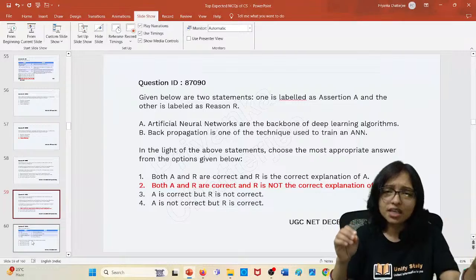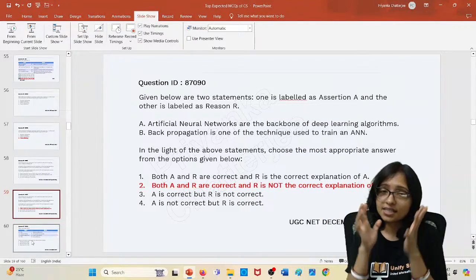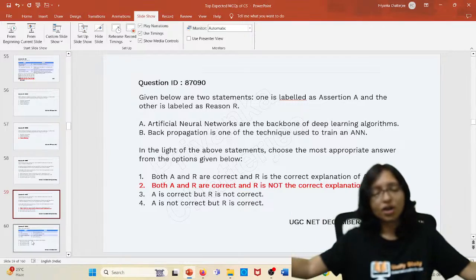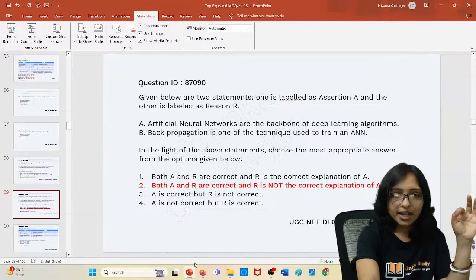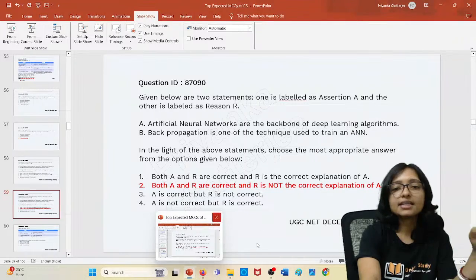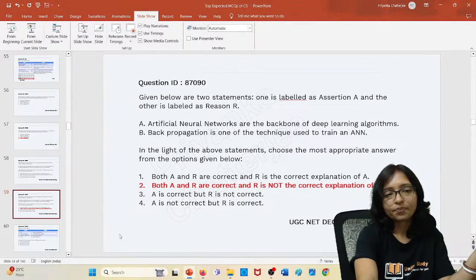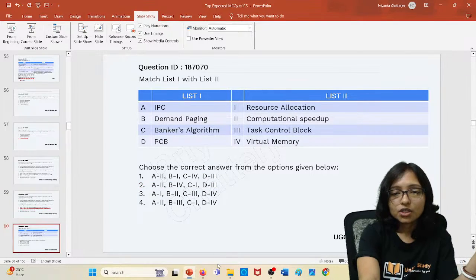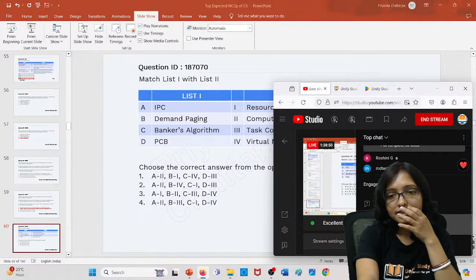Both are two separate statements here. Why are you not thinking that both are separate statements? You are not getting an answer to why. I gave you the trick also, right? You have to think: am I getting an answer for why? I am not getting an answer for why. Then why are you doing it? So this is your next question, and your time starts now.